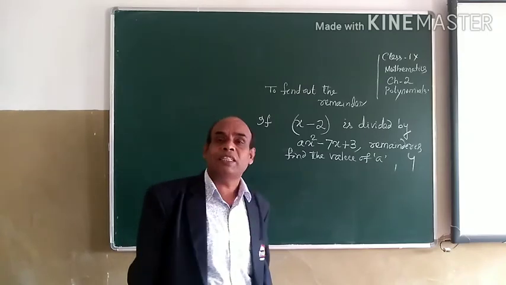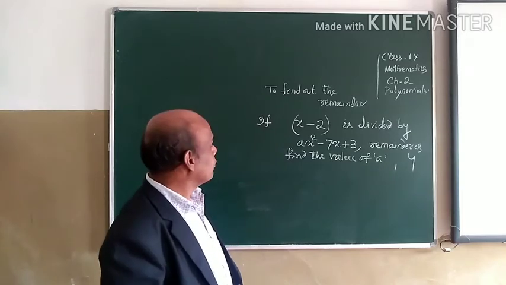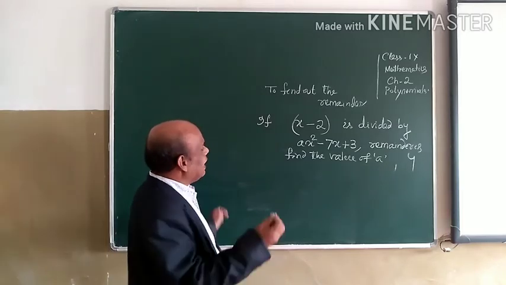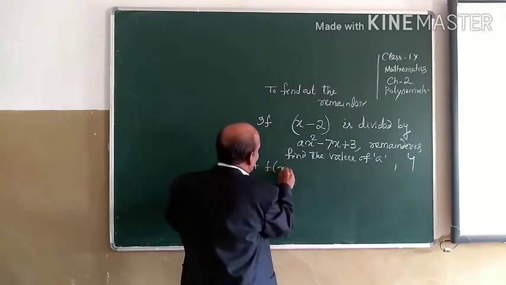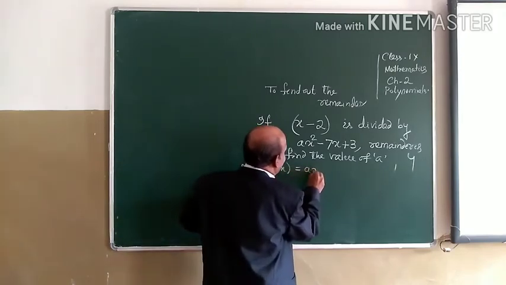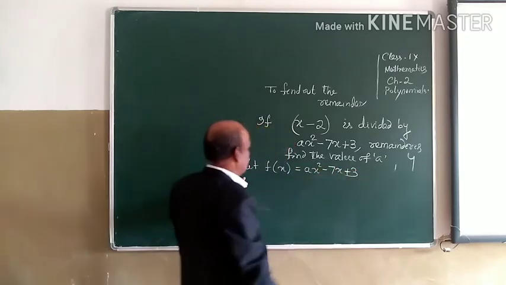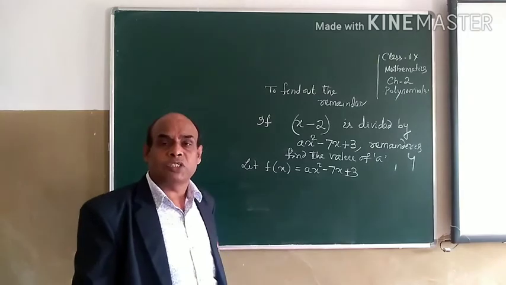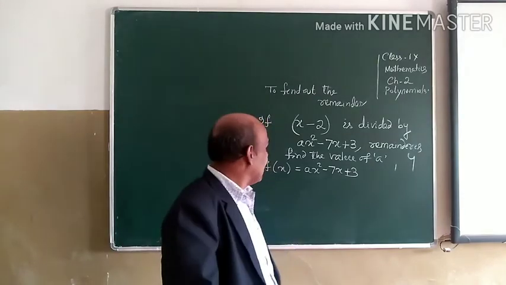A similar method we have to follow. So what do we write? Let f(x) is equal to a x square minus 7x plus 3. So this is f(x). It means the dividend we have to take as f(x).